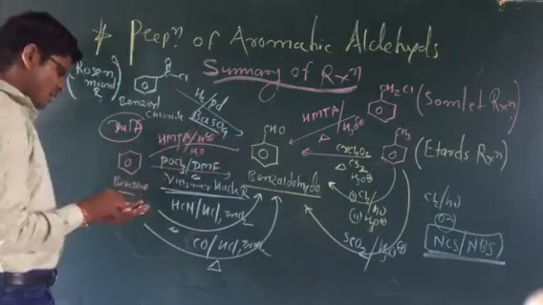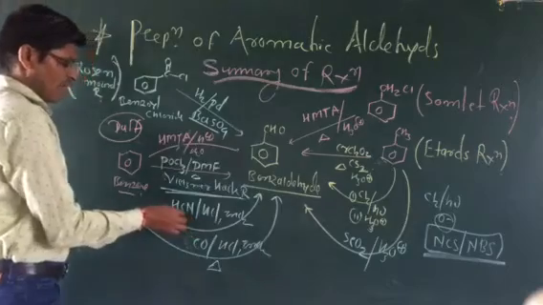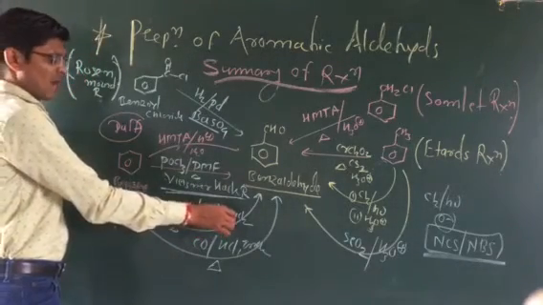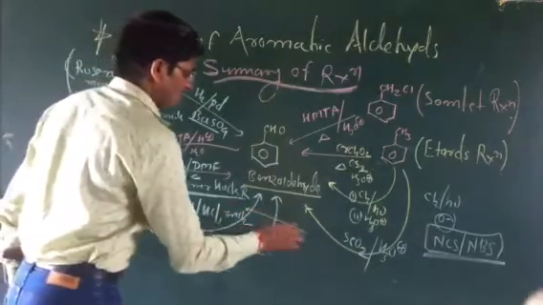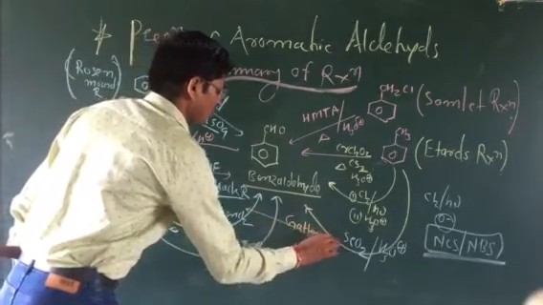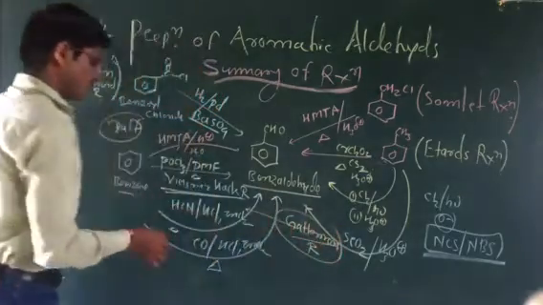So benzene to benzaldehyde using hydrogen cyanide and hydrochloric acid in presence of zinc chloride. Such a reaction is known as the Gattermann reaction.